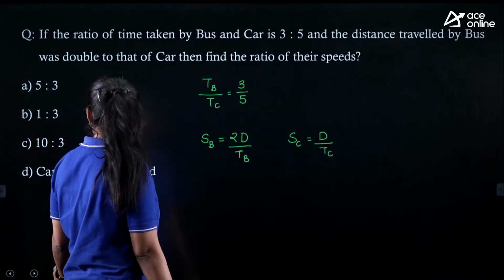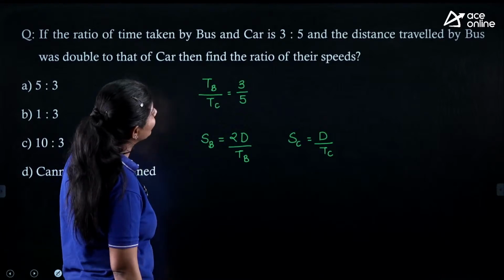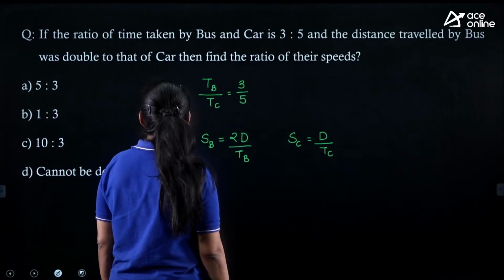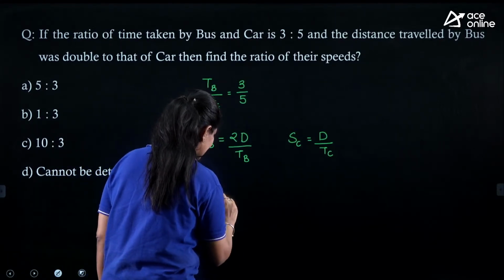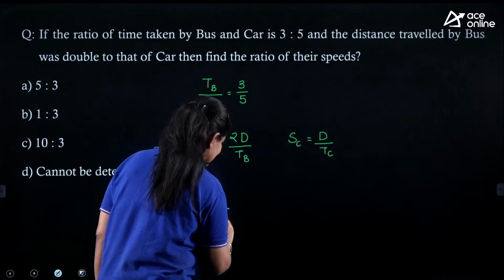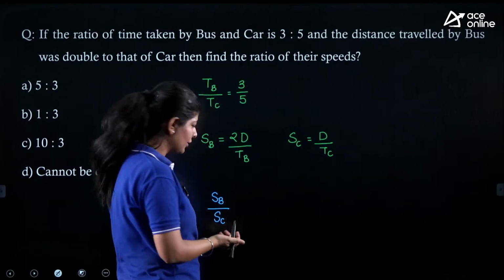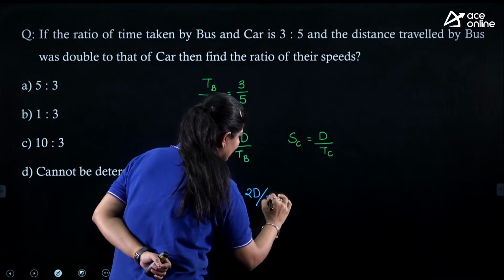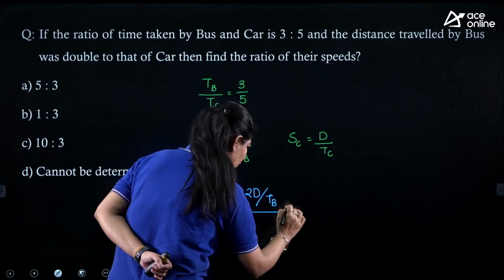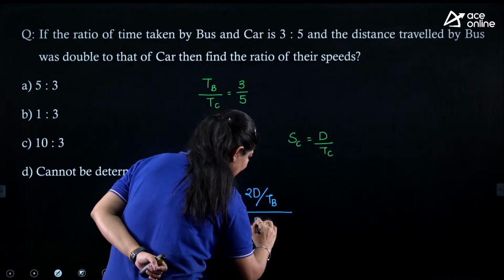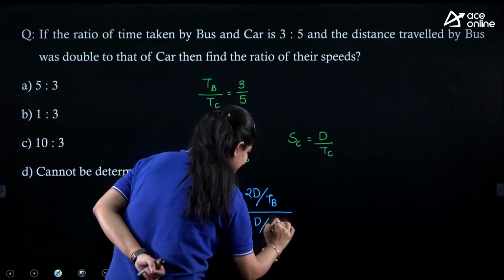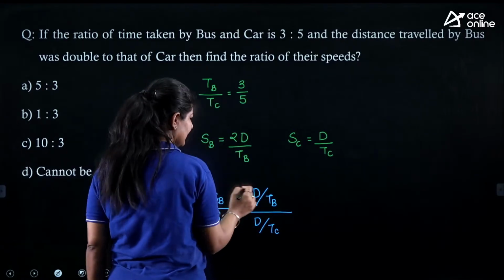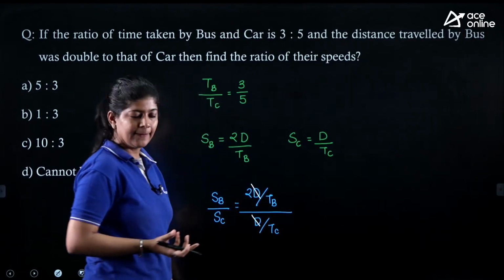Now I need to find out the ratio between the speeds, speed of bus to car. So I can write it as SB divided by SC. This is nothing but the format of ratio. So here we have 2D divided by TB, the whole thing divided by D divided by TC. As I can see, this D and D got eliminated, right?